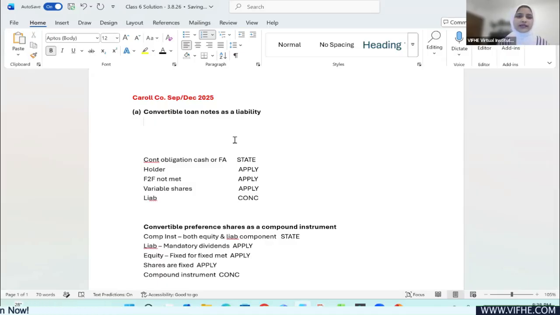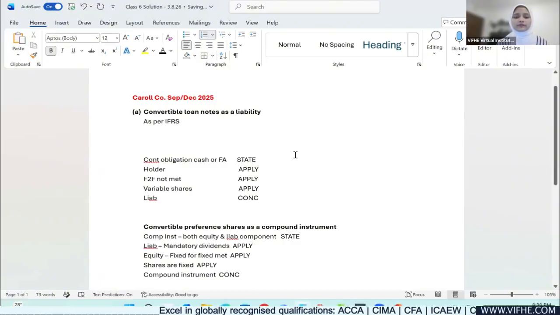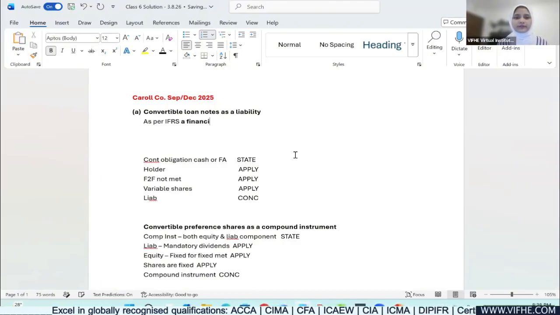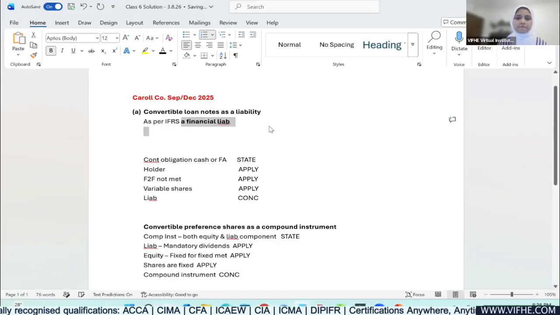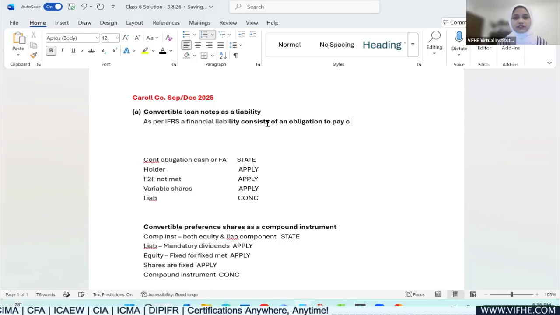Okay. So convertible loan notes as liability. I'm doing state that what is a liability. Okay. So as per IFRS, just to be quick, I'm not even getting into stating the standard that is as per IAS 32, because as such, no marks for that. So avoid it. As per IFRS, financial liability consists of an obligation to pay cash.